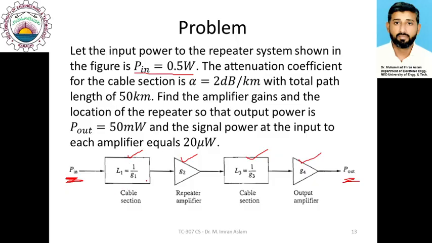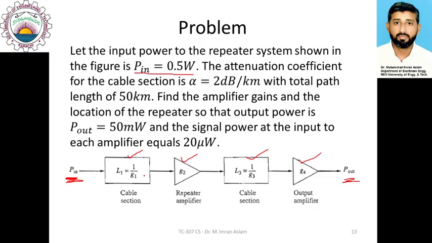The cable generally is attributed with certain loss. The loss in any cable section is related to the length of the cable. The shorter length gives a smaller amount of loss, and the longer length would give a higher loss.